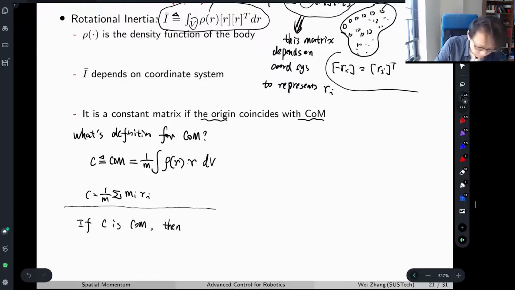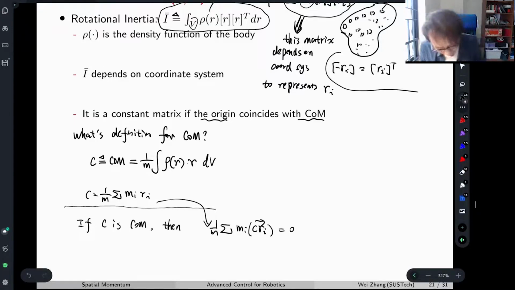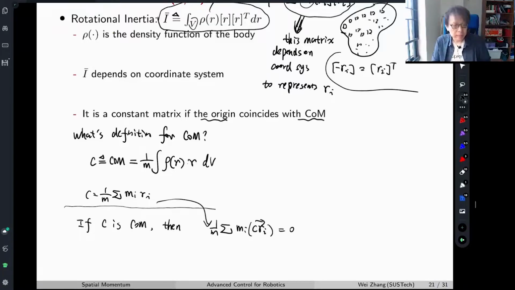Then m_i times the vector from the origin to R_i, which represents the location, times this weight, equals 0. Actually, you can define C as the point that makes this thing equal to 0.